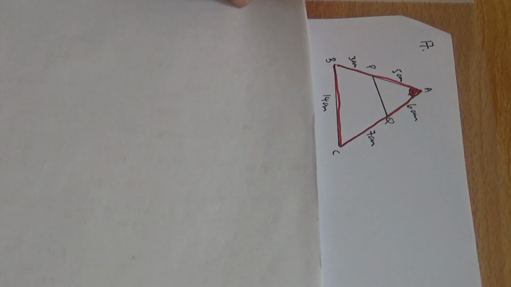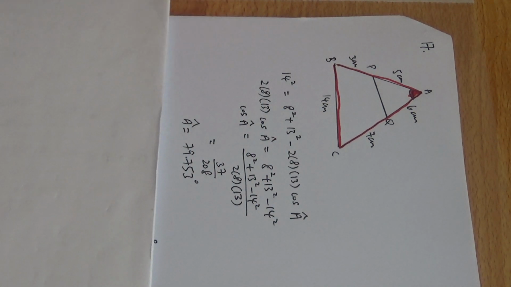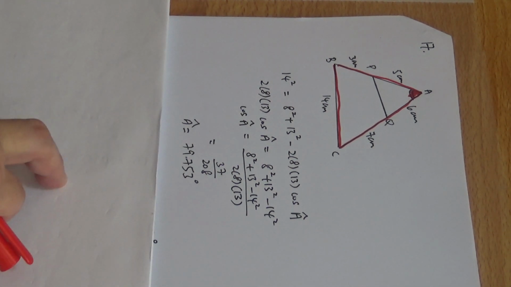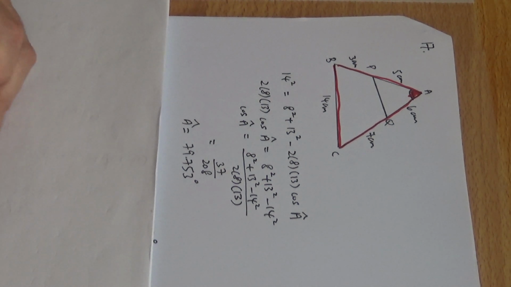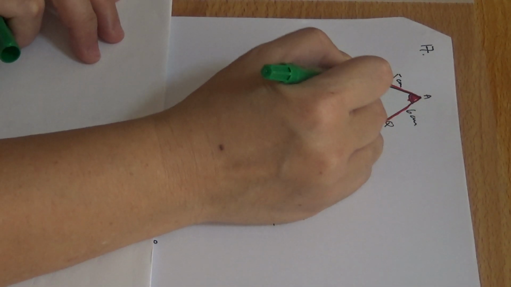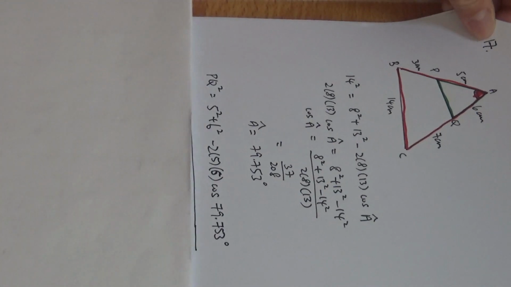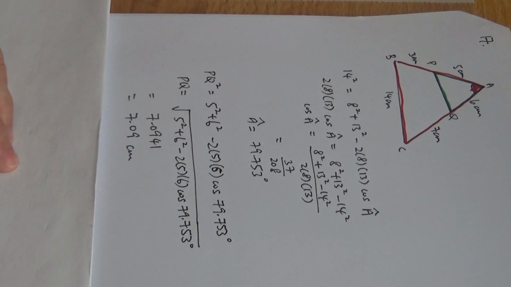So I will apply cosine rule, and angle A is 79.753 degrees. After I have found this angle, I can find PQ by looking at this triangle APQ, the smaller one. I'm still applying cosine rule, using the smaller triangle, and I will be able to get the length of PQ.